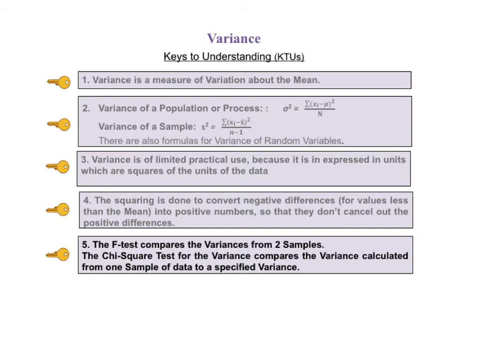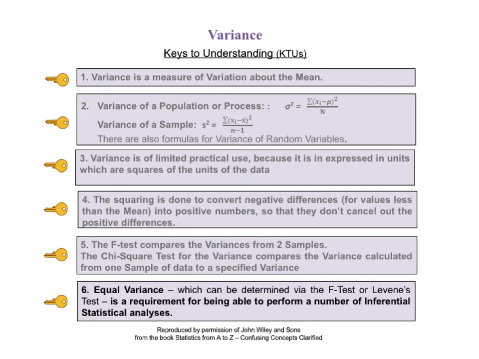The fifth KTU describes 2 common statistical tests which use variances. They are the F-test, which compares the variances from 2 samples, and the chi-square test for the variance, which compares the variance calculated from 1 sample of data to a specified variance.